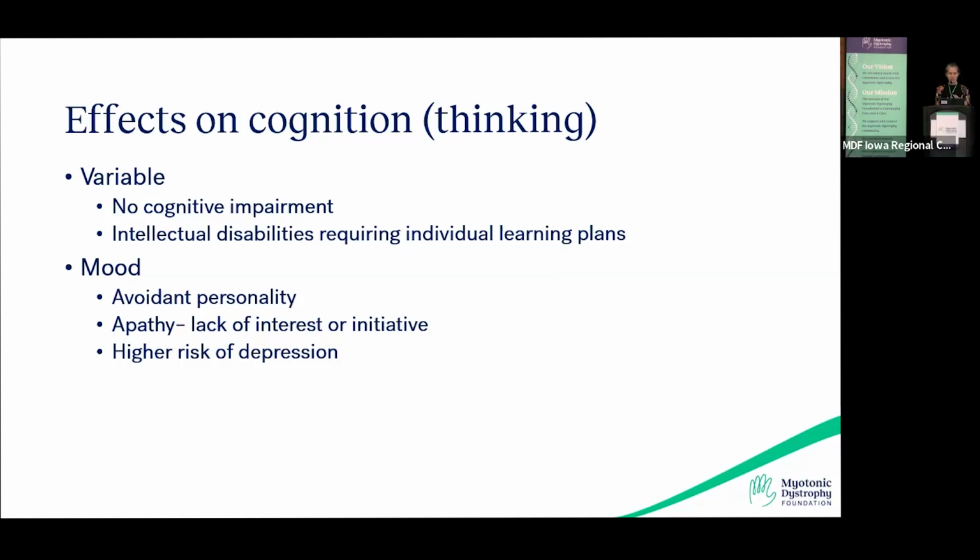Patients may have an avoidant personality where they prefer not to be in social situations where they might be subjected to criticism or feel embarrassed. Apathy, or lack of interest or initiative in activities. And also there's a higher risk for depression in DM1.